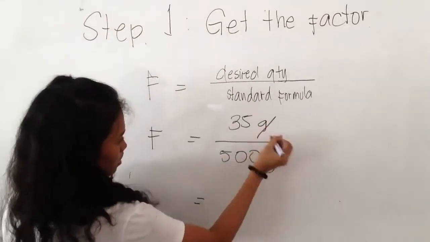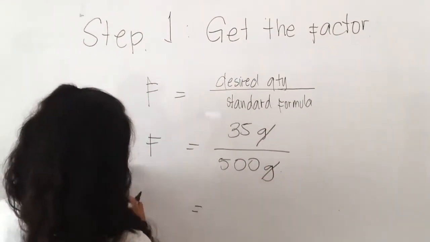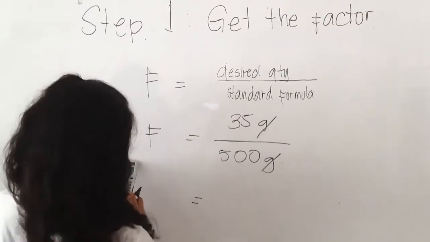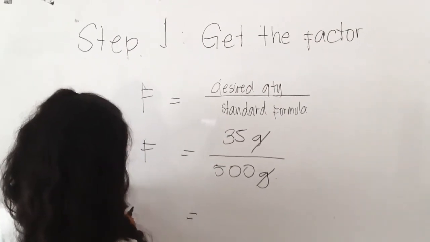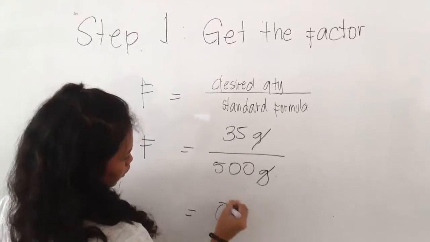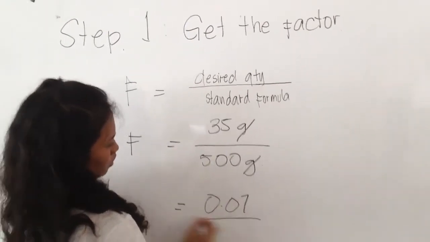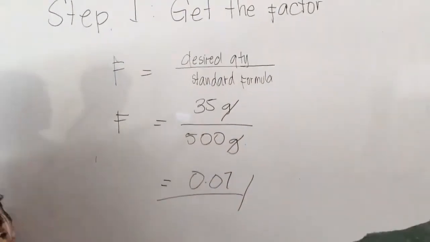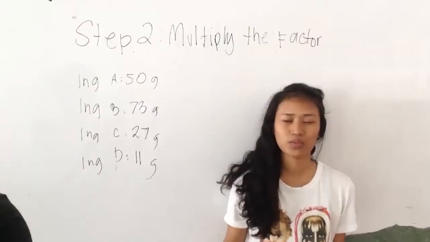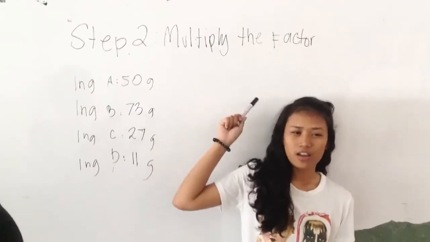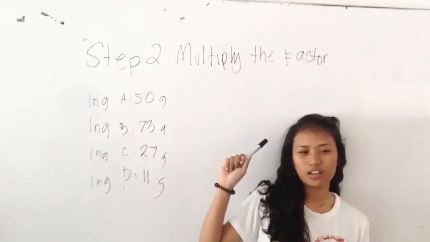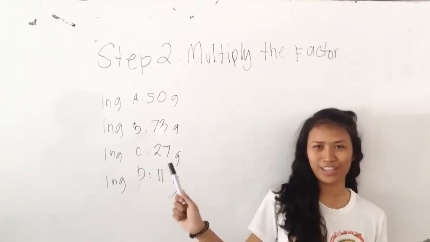We're going to cancel the unit. The factor is 0.07. Second step is we're going to multiply the factor to each ingredient's quantity.